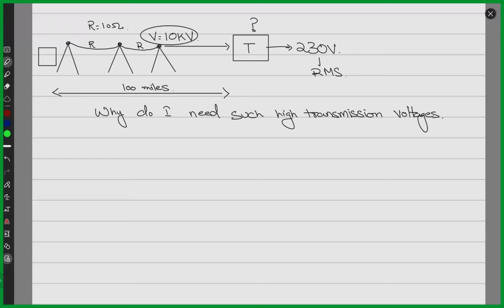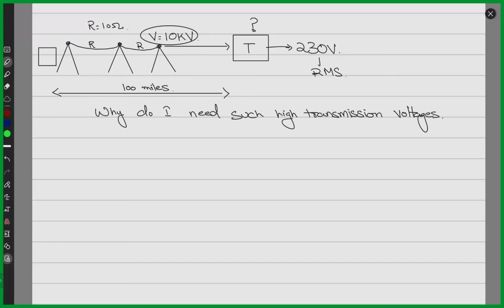Now, let's see why taking such a high value of voltage and transmitting that, which is 10 kilovolts, is more beneficial, and we get much less power loss compared to if I were to just transmit 230 volts and get rid of the transformer altogether.